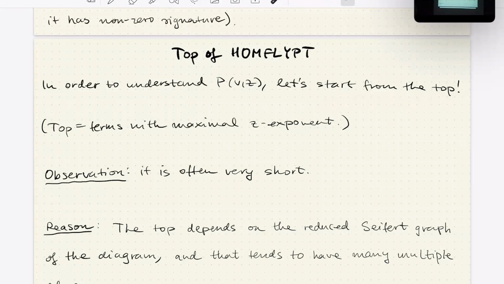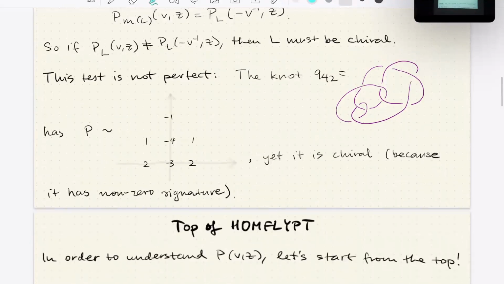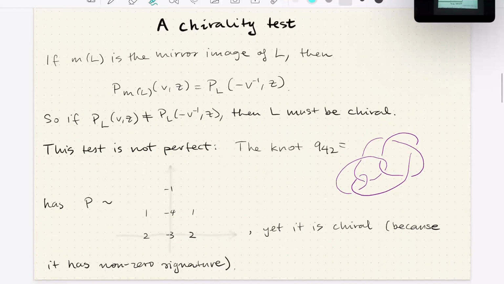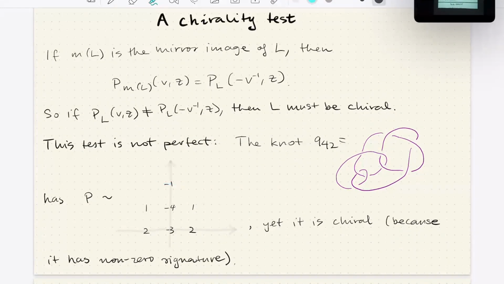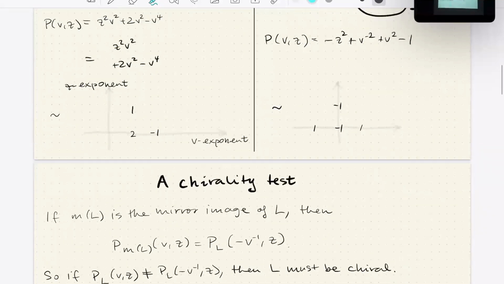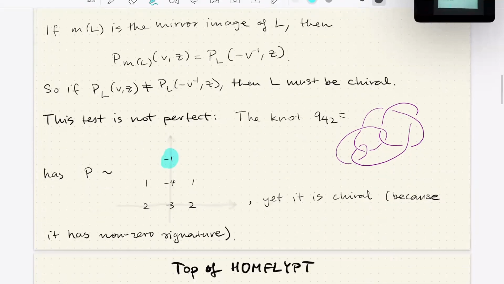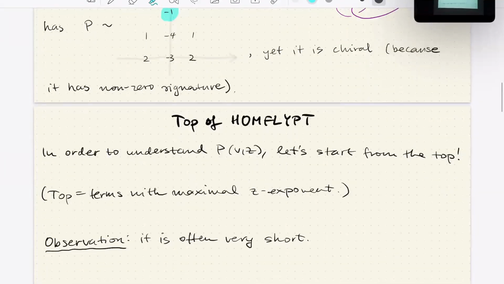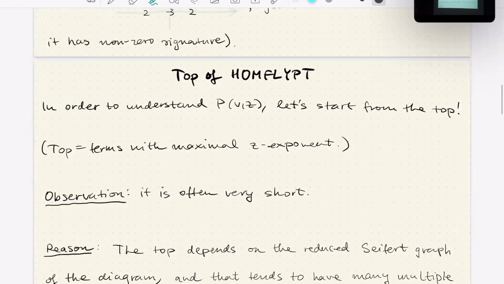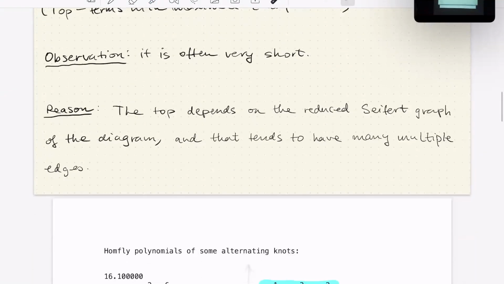So far in the examples we have seen, the top was a single -1 here. Let's make it kind of bolder. Single -1 here, single -1 here, single 1 here, pretty simple. And in fact, you will notice if you do this, that the top of the Humphrey polynomial is often very short. Let me show you some bigger examples in case you care.